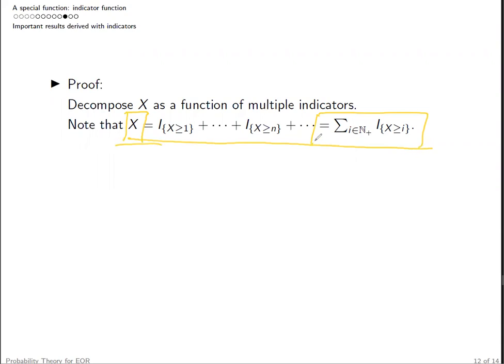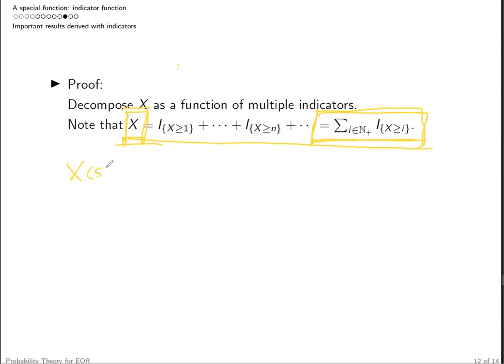Well, we know random variables are functions from S to some numbers. And here we know X only takes non-negative integer values. So we claim that both sides of this identity map the same outcome to the same numbers. Let's take a look at this.